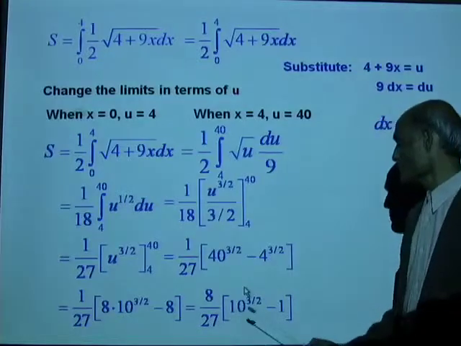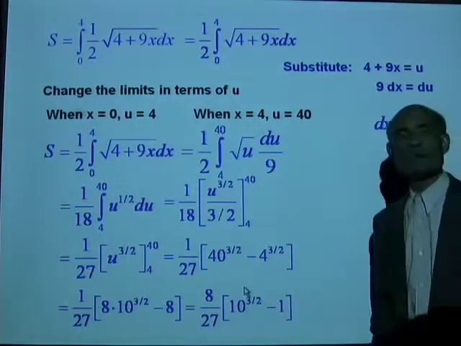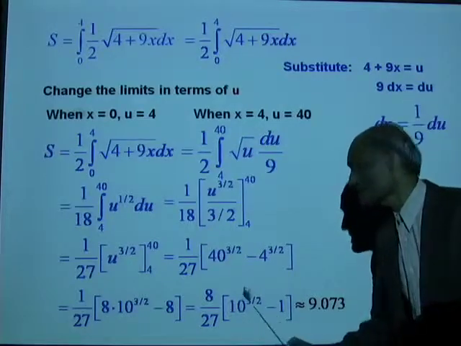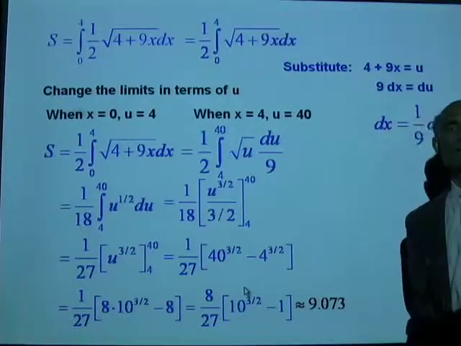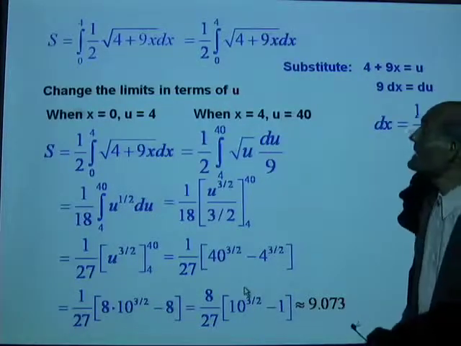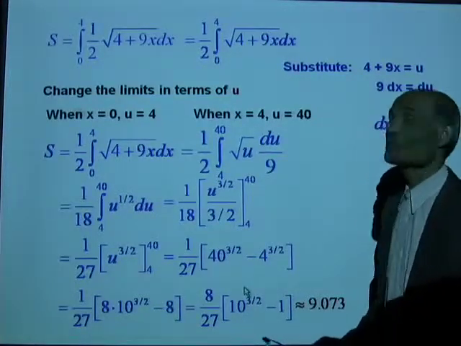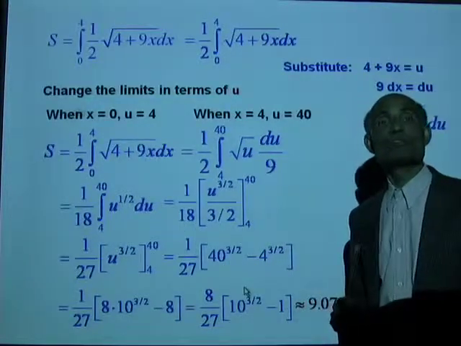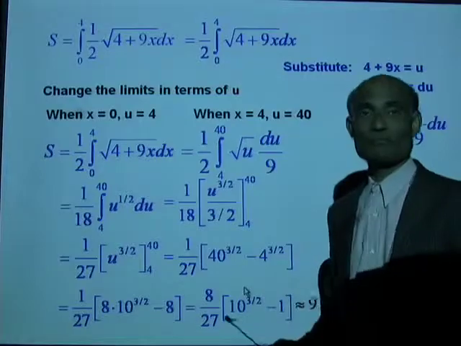That will be 8 over 27 times 10 to the power of 3 over 2 minus 1. And you can now use your calculator. This is approximately 9.073. And that is the length of the arc of this function in the given range, x equals 0 to x equals 4.